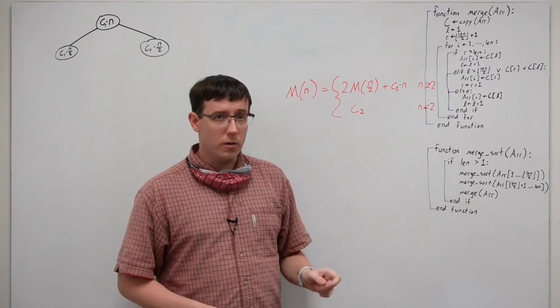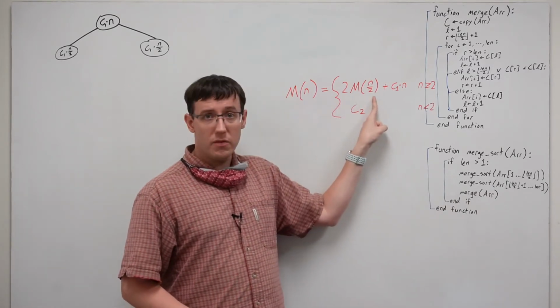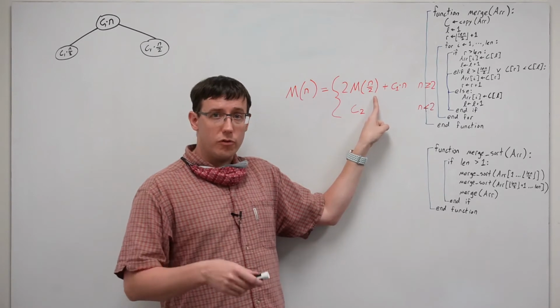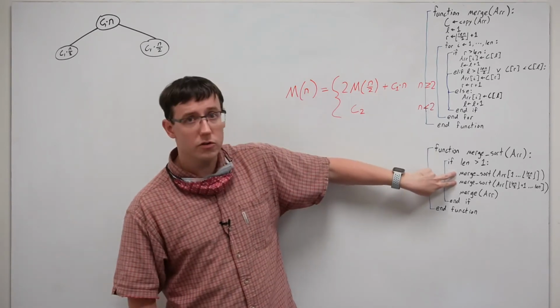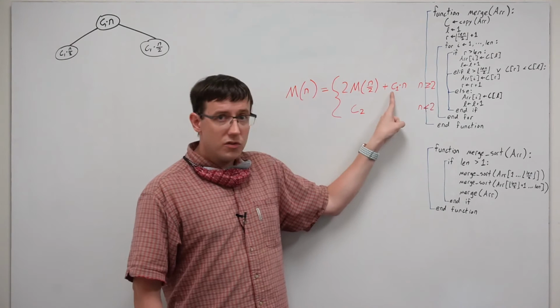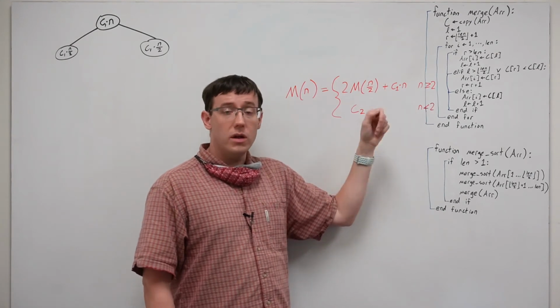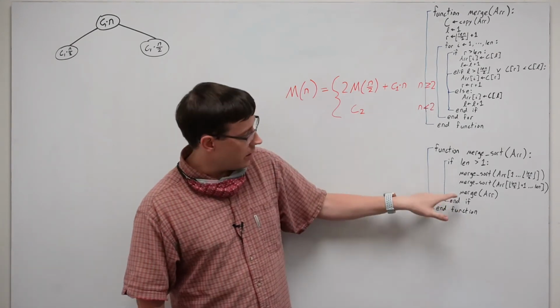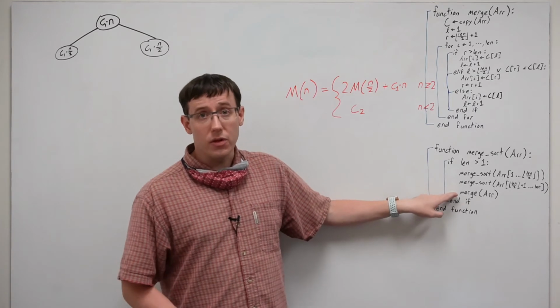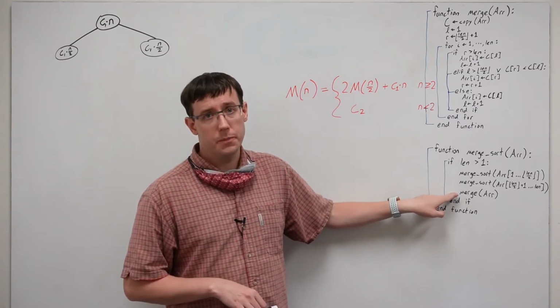So in our recurrence, 2 times m of n over 2 was describing the work in the recursive calls, and c1 times n was the work being done actively at this level by the call to merge.